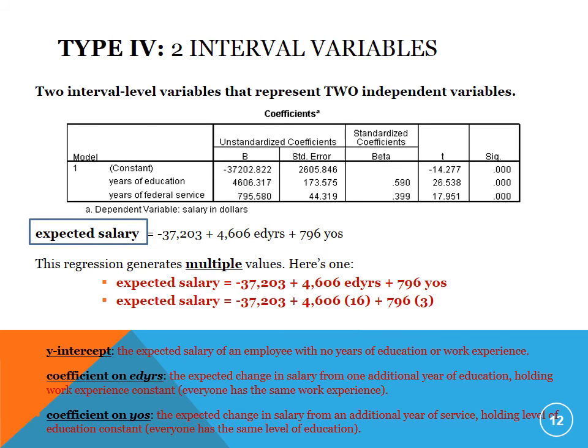Then we start thinking about what these coefficients mean, because that's really where the sense comes in. Our coefficient for ed years is the expected change in salary. $4,600 is the expected change in salary for each additional year of education that you have, holding work experience constant. In other words, everyone with the same work experience should expect to make about $4,600 more for every additional year of education they attain.